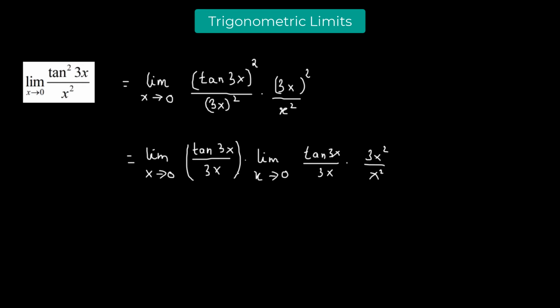Here we are going to use the definition that the limit as theta goes to 0 of tan theta over theta is equal to 1. So we have here 1 times 1. And 3x squared over x squared is going to give us 3. So the limiting value of the given function, tan squared 3x over x squared, is going to be equal to 3 when x tends to 0.